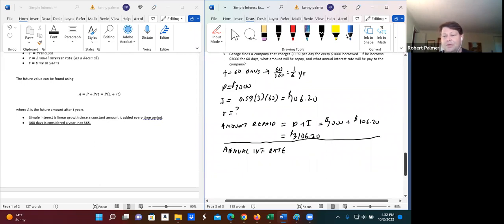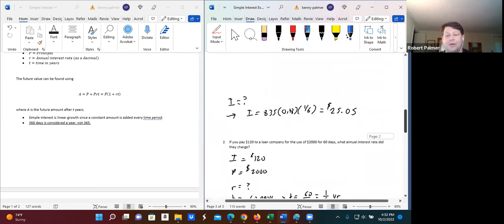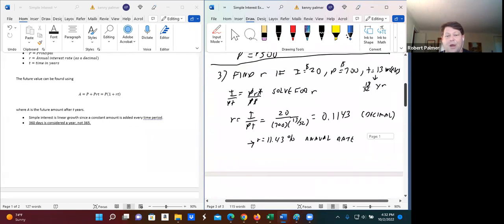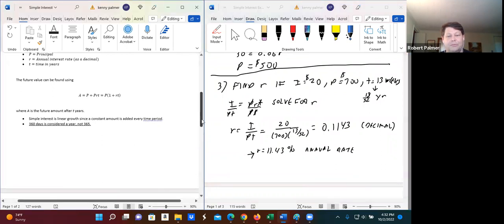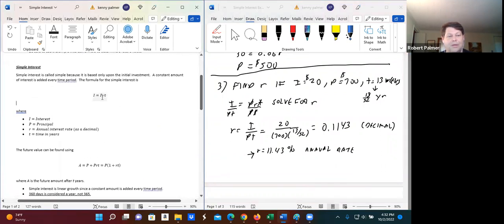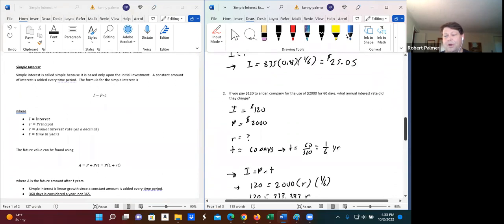So if I use the same idea as a minute ago, I can also just plug those in, or I can use a formula. Like in a previous problem, where I found the interest rate, I solved the formula for R. I just divided, since we have this formula to start with, I equals PRT. Then I divided through by P and by T to get R by itself: R equals I over PT. If I do that again, or you can do it either way, just plug them in.